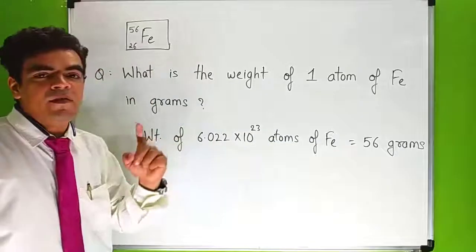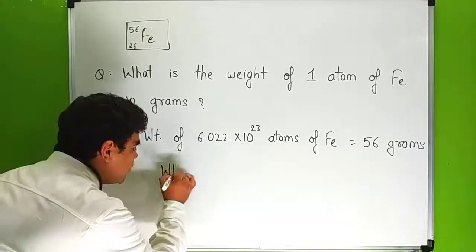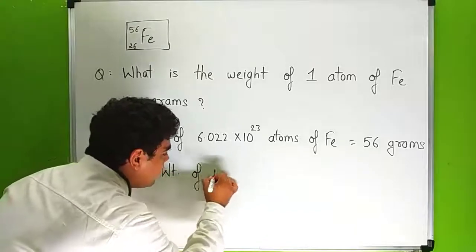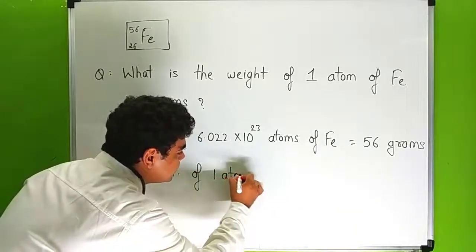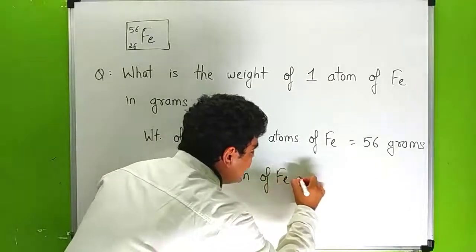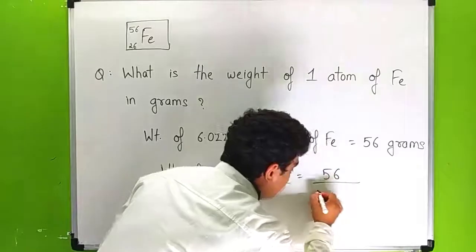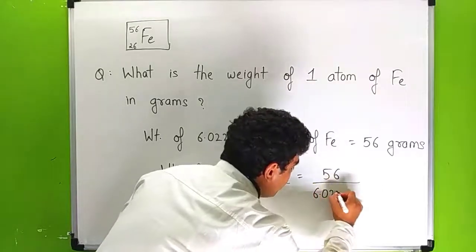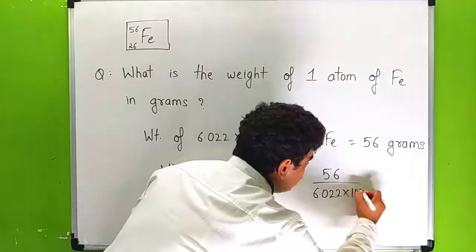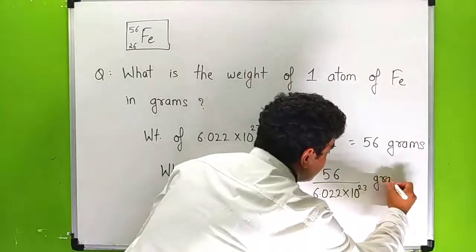So what would be the weight of one atom of iron? The weight of one atom of iron would be 56 divided by 6.022 into 10 to the power 23 grams.